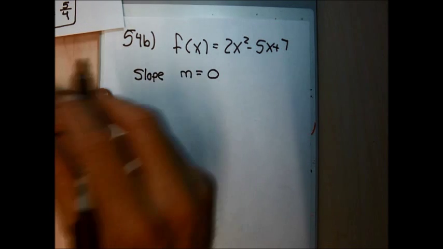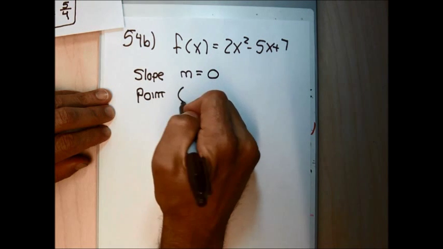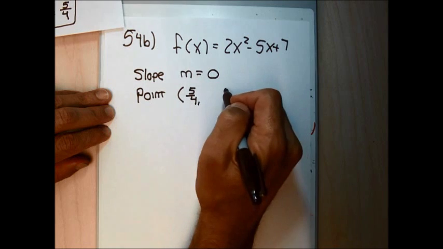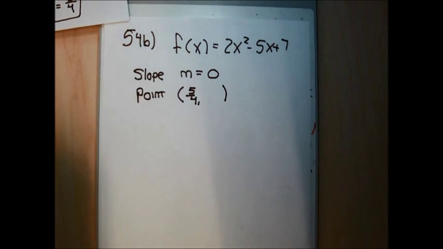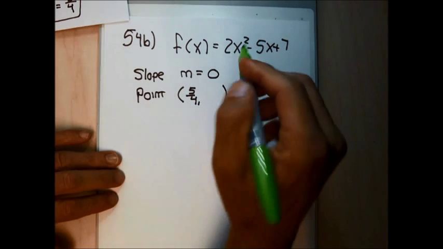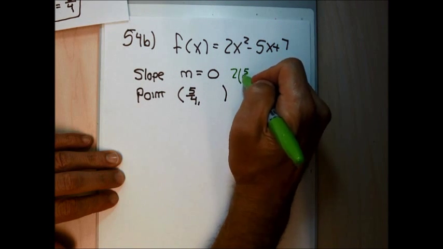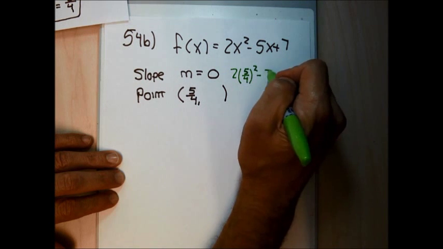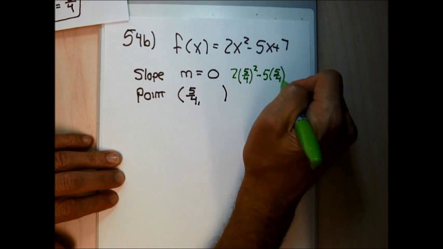And my point has an x-coordinate of 5/4. That's what the algebra gave me when I did 54a. To finish up 54b, I need to get the y-coordinate of the point, and I'm going to get it by taking the x-coordinate and plugging it not into the derivative, but into the original function. It's probably a fraction.